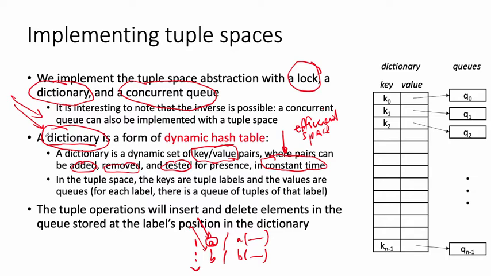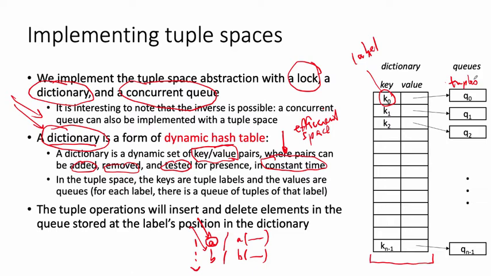So the dictionary here on the right, each key, which is actually going to be the label of a tuple, and each key, the value is actually going to be a queue of tuples with that label. So this gives you the efficient access. If I want a tuple with label foo, I look at the key foo in the dictionary and I immediately get the queue for that tuples.